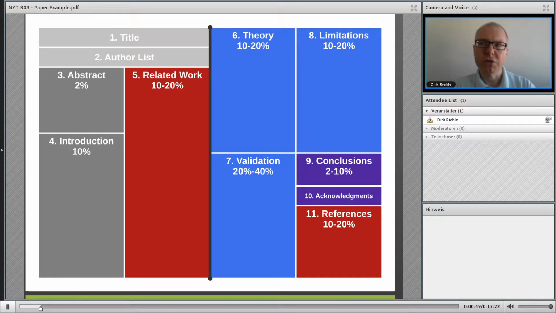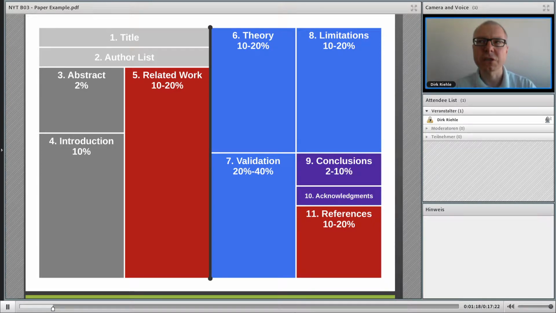Research papers and also final theses, in my opinion, in computer science and information systems, and I think also beyond, follow a pattern, a regular structure. 95% of all research work has or should have a form like this, where a research paper is that publication, maybe 10 or 20 pages of writing, structured into these sections.